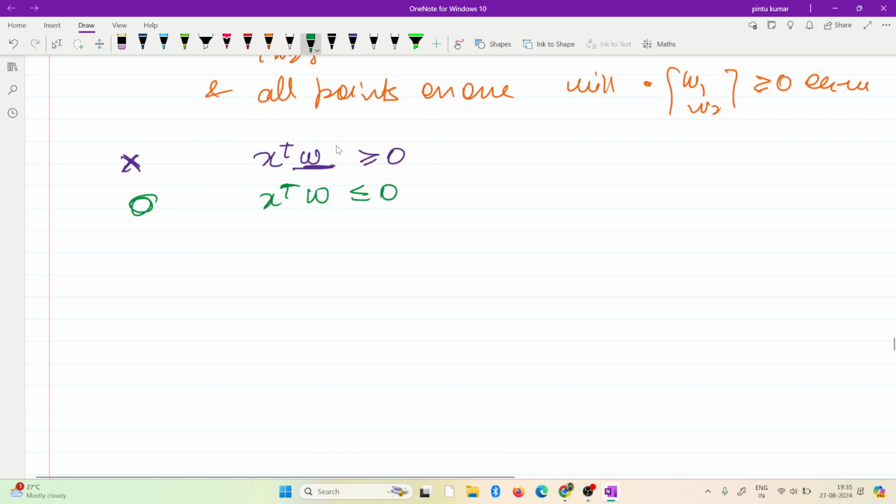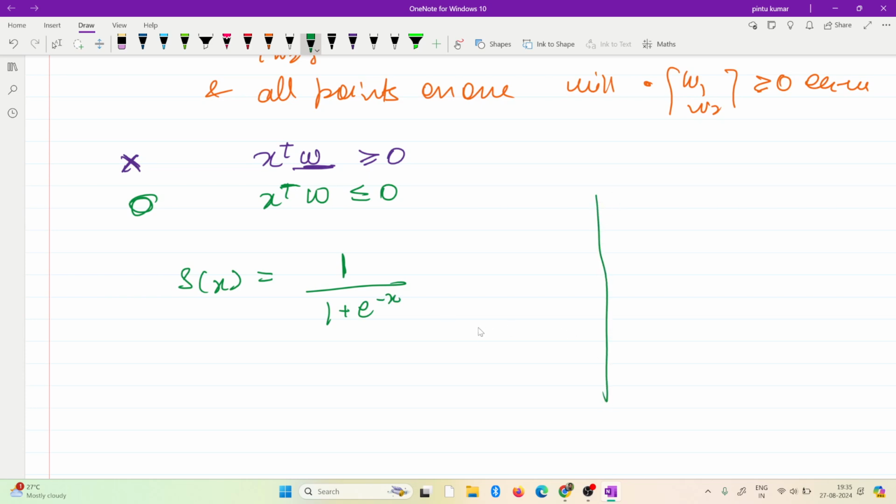Now let's look at the sigmoid function. This is what is known as the sigmoid function. Let's try to plot its curve. When x is 0, this value would become 1 divided by 1 plus 1, which is a half. So at x equal to 0 it takes the value half.